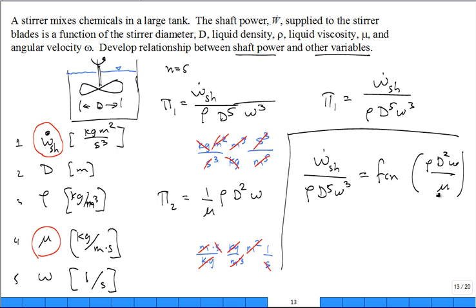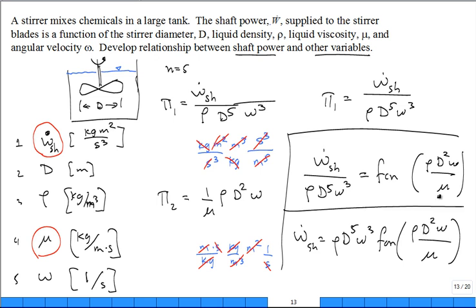So I can unravel it a little bit, and I can say w dot shaft is equal to rho d to the 5th omega cubed times that same function, rho d squared omega divided by mu. Both of these would work. I probably prefer the first form because it's truly dimensionless. That's a relationship between the shaft power and the other variables. Make sense? Okay.